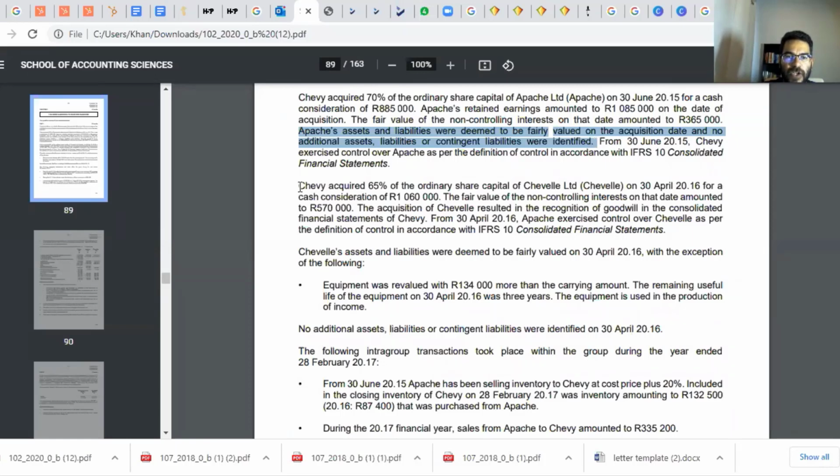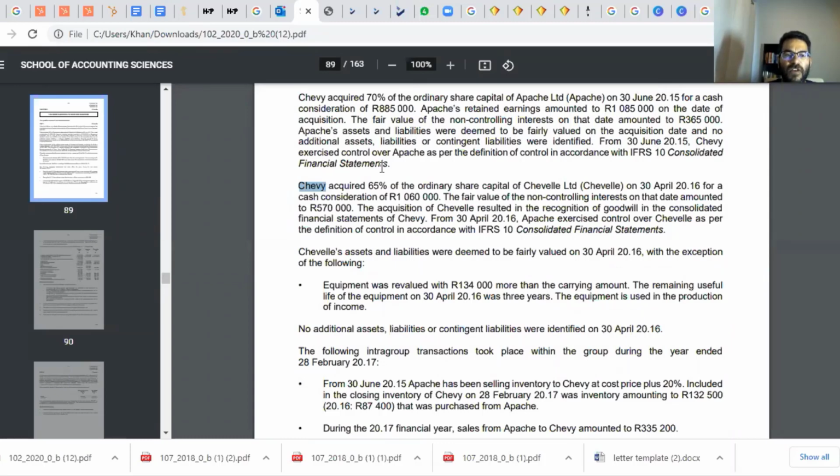Now we go to the next paragraph over here. Chevy acquired 65% of the ordinary share capital of Chevelle on 30 April 2016 for a cash consideration of 1,060,000 rand.